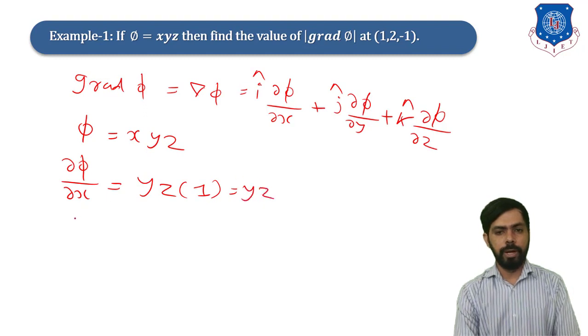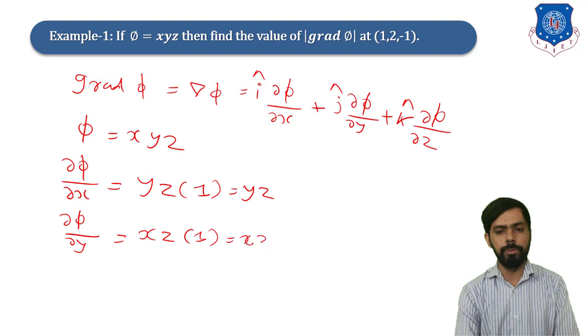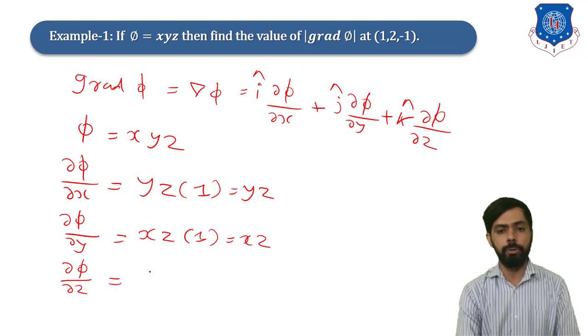Now we will find del phi by del y. The meaning of del phi by del y is partial differentiation of phi with respect to y. Now x and z will be constant and the derivative of y will be 1. So this will be xz. Now we find del phi by del z, the partial differentiation of phi with respect to z.